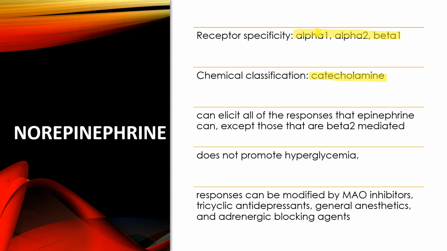It can elicit all of the responses similar to epinephrine except those that are beta-2 mediated, such that norepinephrine does not promote hyperglycemia. Responses can be modified by MAO inhibitors, the tricyclic antidepressants, general anesthetics, and the adrenergic blocking agents.